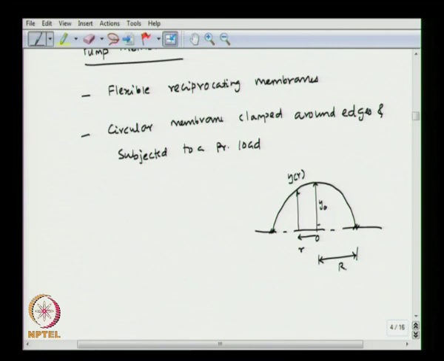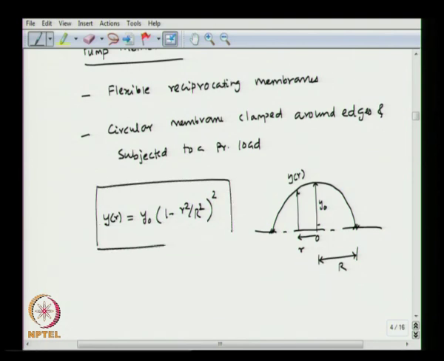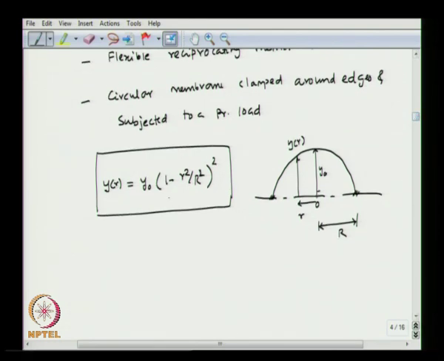So, in that case we can write the deflection at r as the maximum deflection into 1 minus r square divided by R square, whole square. So, that is how the deflection of the membrane will vary along the radial direction, where y0 is the maximum deflection and R is the membrane radius.